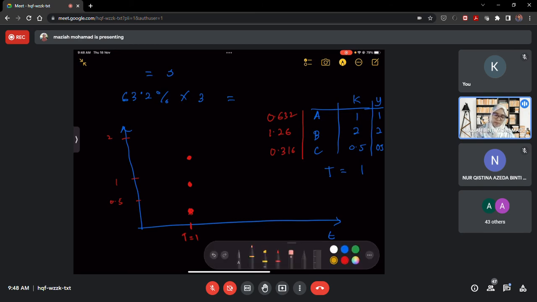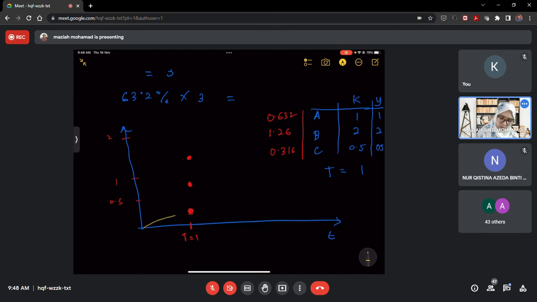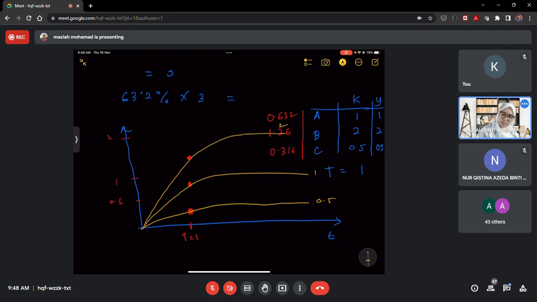So if you plot that, this one will reach 0.5, this one will reach 1, and this one will reach 2.